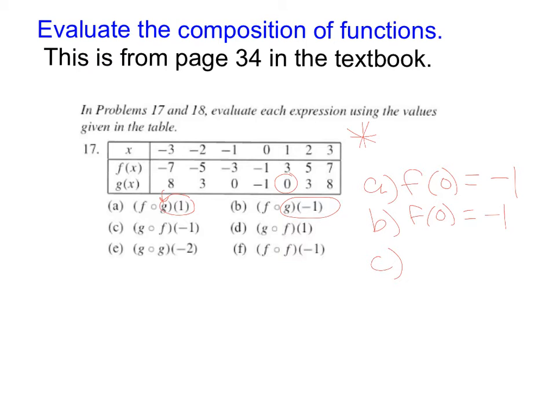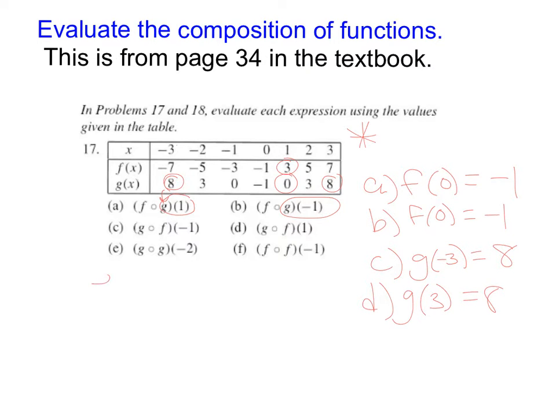f of -1 is -3. g of -3 is 8. So we're just looking at the table, right? Go to -3, g is 8. f of 1 is 3. g of 3 is 8.